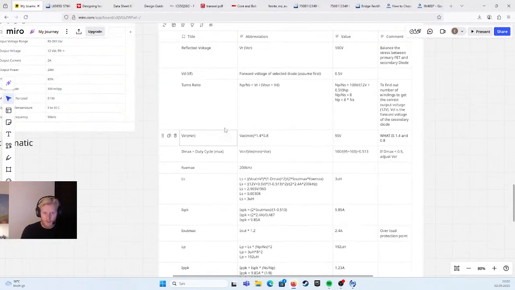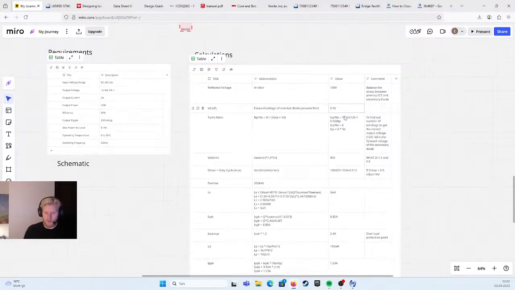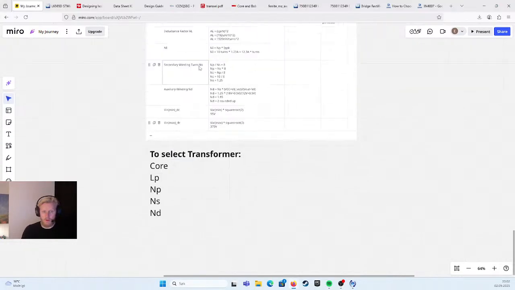And because of the reflected voltage of 100 volts, the max can actually be 375 plus 100 volts.